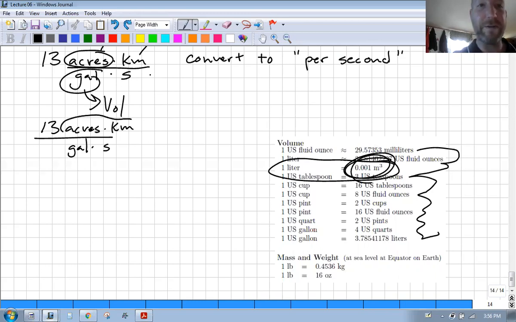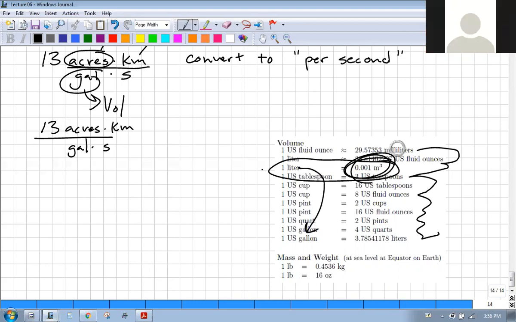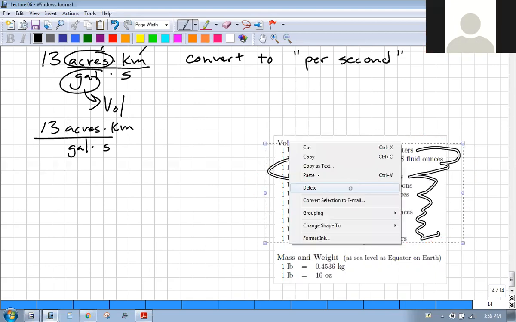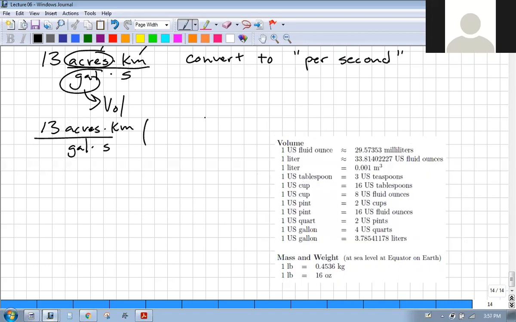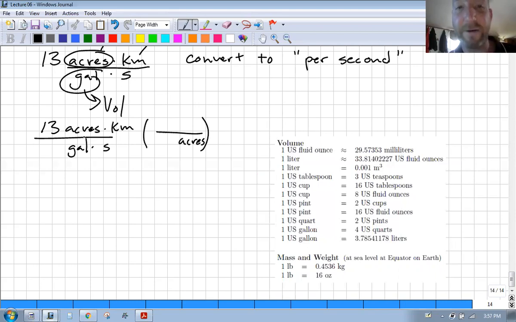If we turn the acres into meters squared and kilometers into meters, we'll have meters cubed. And then we can take those meters cubed and turn them into liters, which we can then turn into gallons. So let's see if we can do that. Let's get rid of acres. Let's see if we can turn acres into meters squared.